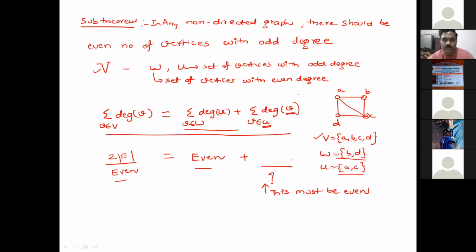No. See, U is all vertices with odd degree only, but when I take that sum, the sum must be even. When is that possible? With an even number of vertices with odd degree. So that is the theorem. There should be an even number of vertices with odd degree. That is the theorem.